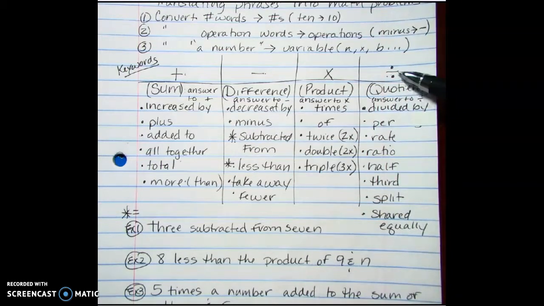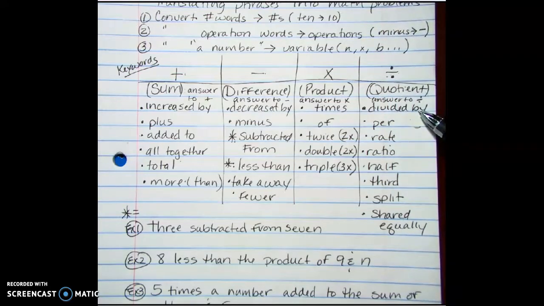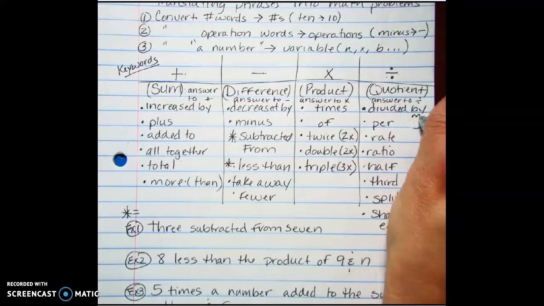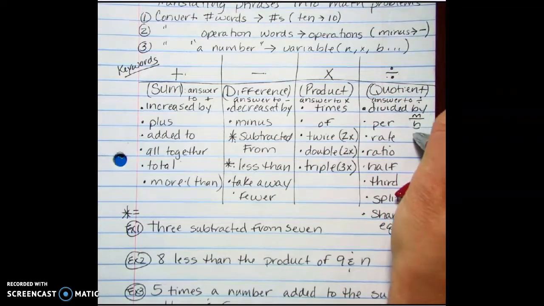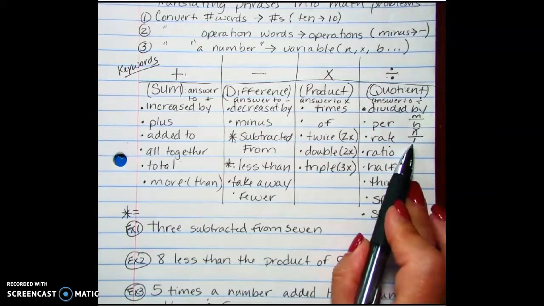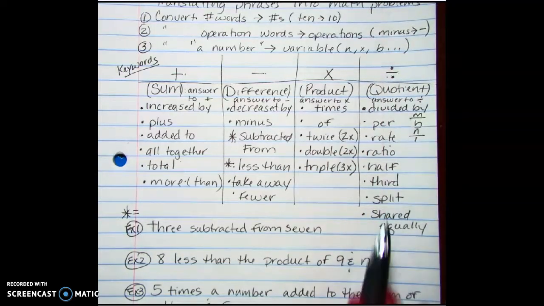Finally, our 4th operation is division. Quotient is the answer to a division problem. Sometimes we might say divided by. We also learned when we did ratios that per, for example, miles per hour, we divided. We also had a rate, we had a number, and we needed to make sure the rate became 1 to find out how much per 1 item.